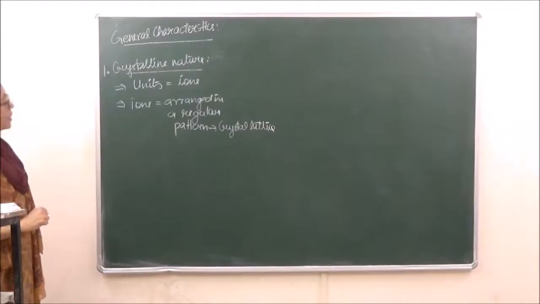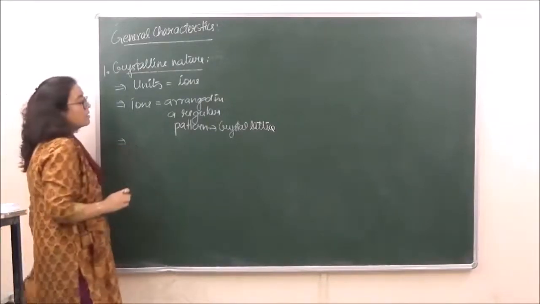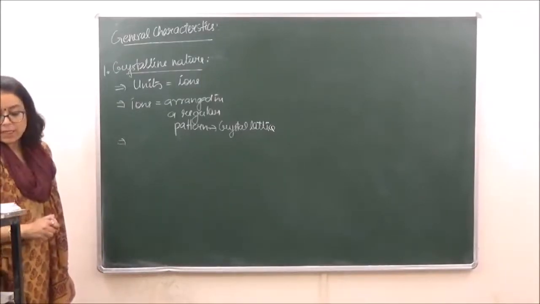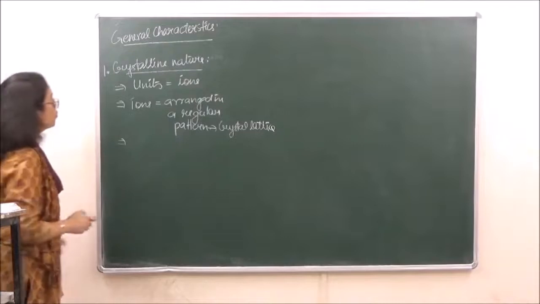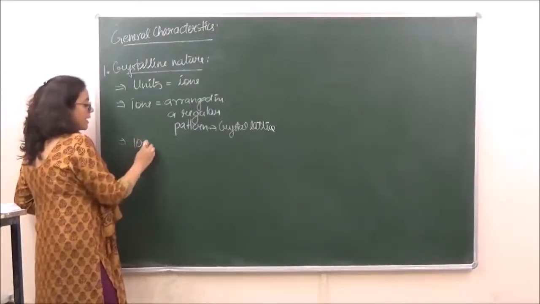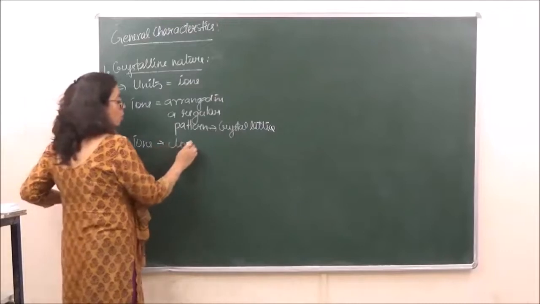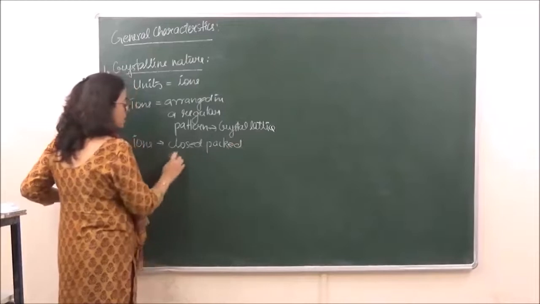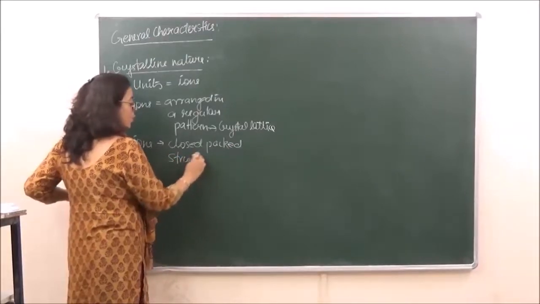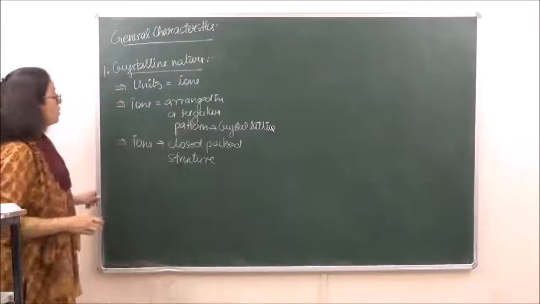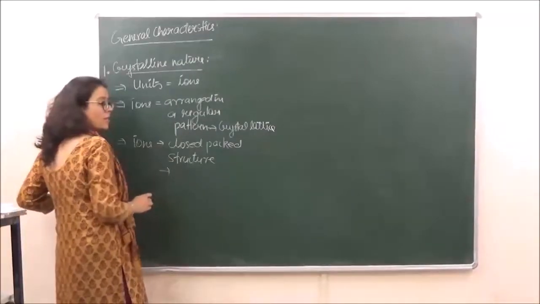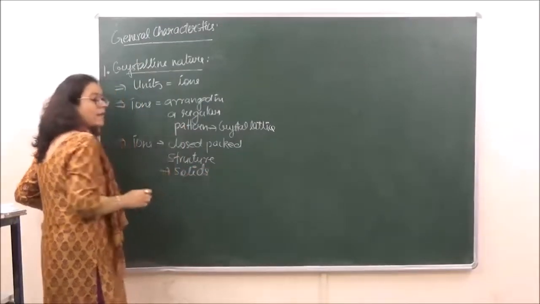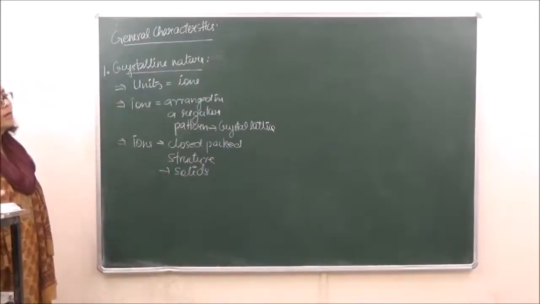Now we say that the ions have a closed packed structure, as a result of which they have no freedom to move. So mostly the electrovalent compounds only exist as solids and they cannot exist as liquids or gases.